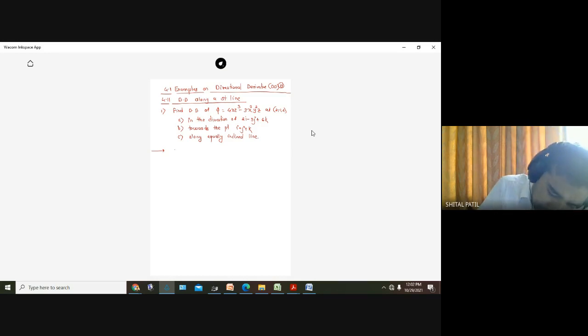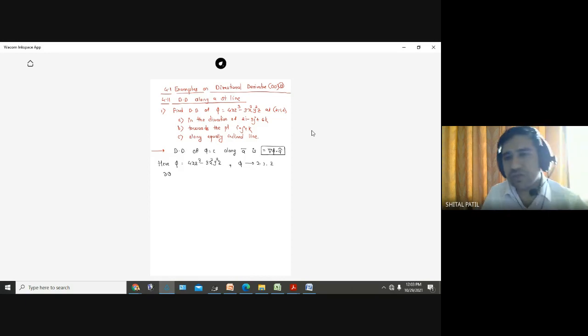Right. Directional derivative of phi along A bar is, what is the formula? Grad phi dot A cap. Now here, you might have understood phi is a function of x, y, z, so ordinary derivative does not exist. So we have to take partial derivative.